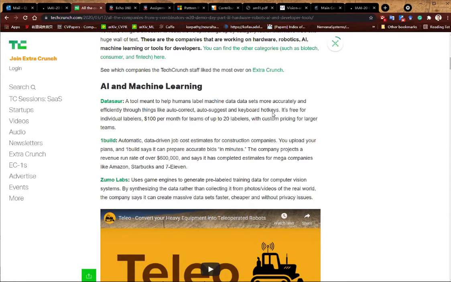We do need people to label. This is a bag, this is a dog, this is a cat, right? So the labeling industry is very big. I think this company wants to develop some machine learning algorithm or design some platform for those people to label the data more easily and accurately.